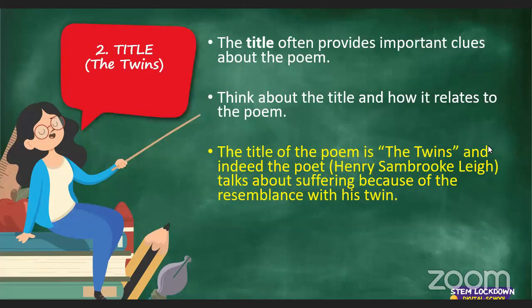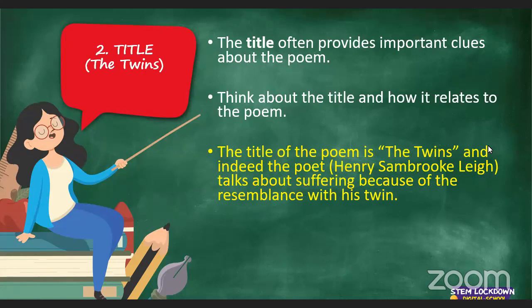So as the title said, the twins, when you read the poem, it was actually about the twins and their experiences. One of the twins was the speaker of the poem, and he spoke about his experiences as a twin and how that affected him, okay? So sometimes the title is just quite obvious, and it is exactly about the poem.